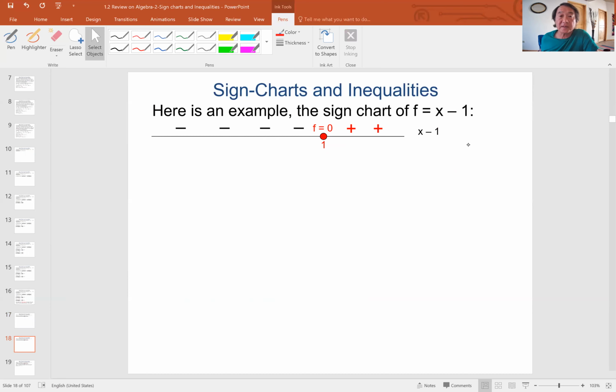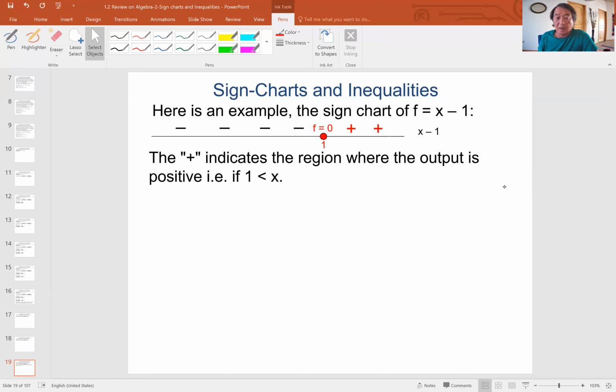If I plug in numbers from the left-hand side, I will get a negative result. For example, if I plug in x equal to 3, 3 minus 1 is 2, and that's a positive number. So this is the positive side. All the numbers on that side, you can check, you will get a positive result. And this is the chart we want to develop for each formula.